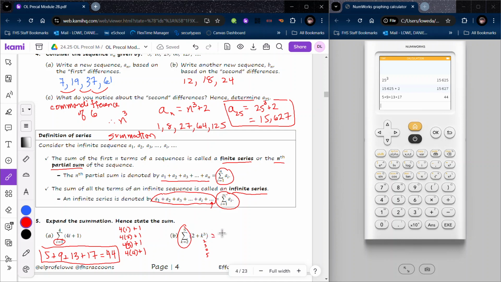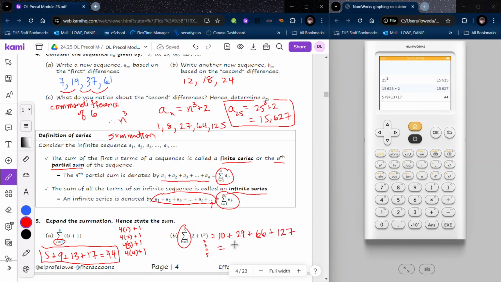So this is going to be the same thing as 2 plus 8, which would be 10. 2 plus 27, because remember we're doing things cubed here, so 3 cubed is 27. So 2 plus 27, that's 29. 2 plus 64, that's 66, and then 2 plus 125, that's going to be 127.